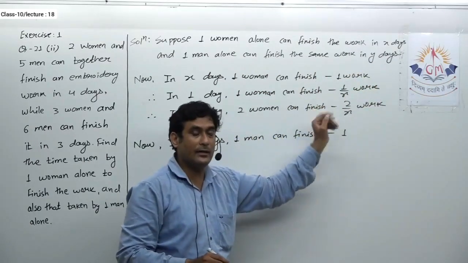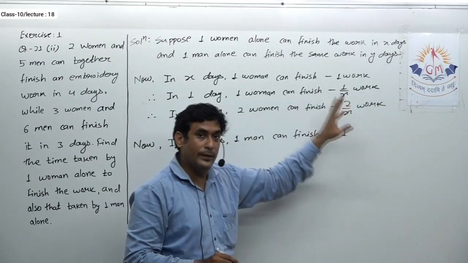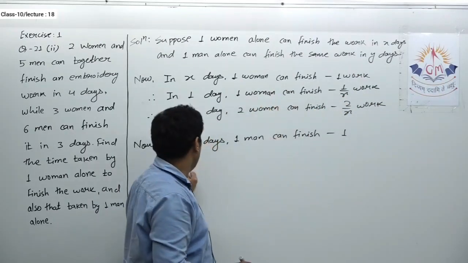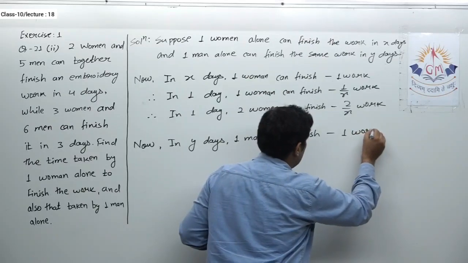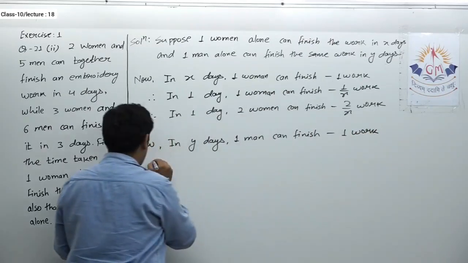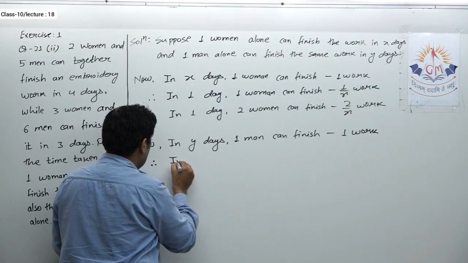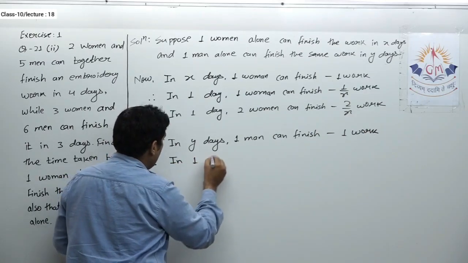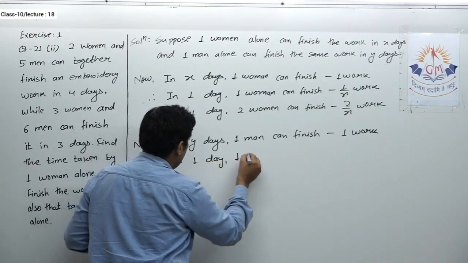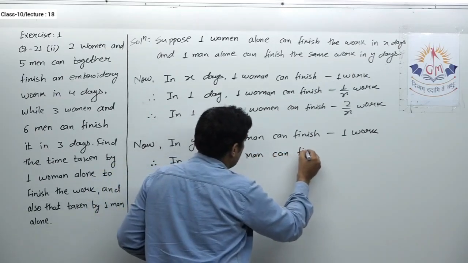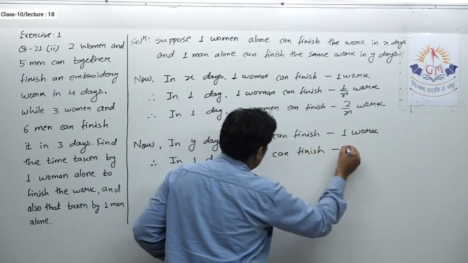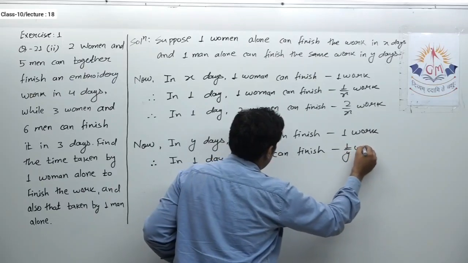That means in Y days, one work will be completed by one man. So in Y days, one man can finish one work. Okay. Therefore, in one day, one man can finish 1 upon y work.